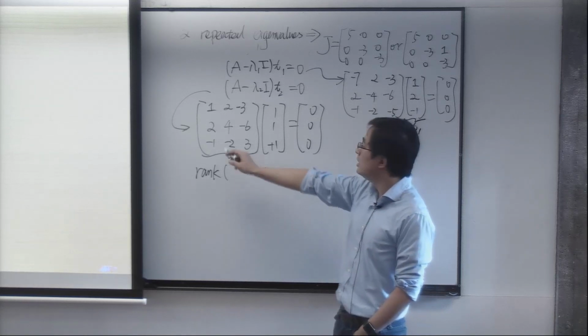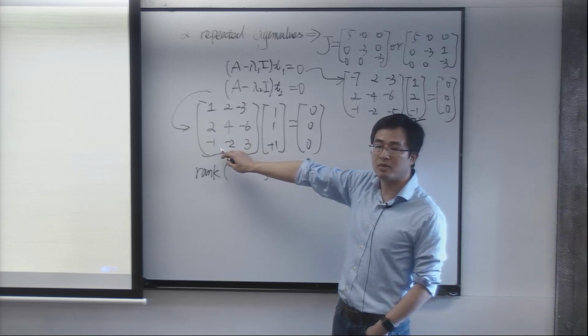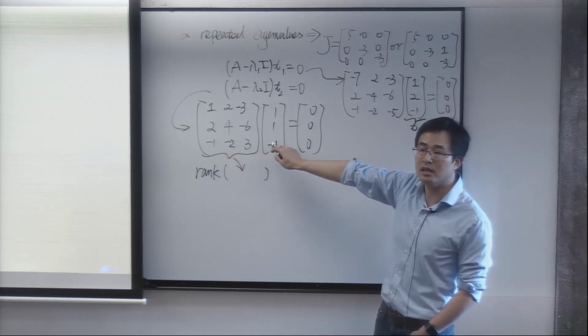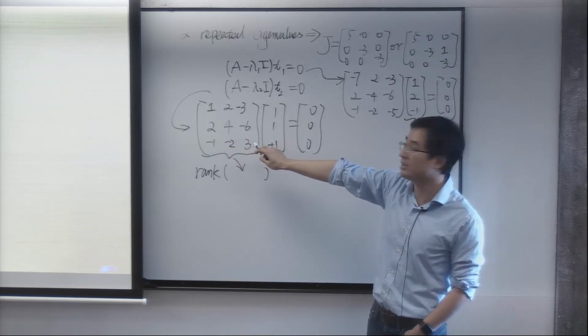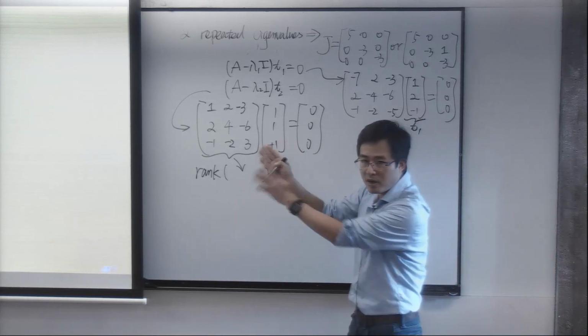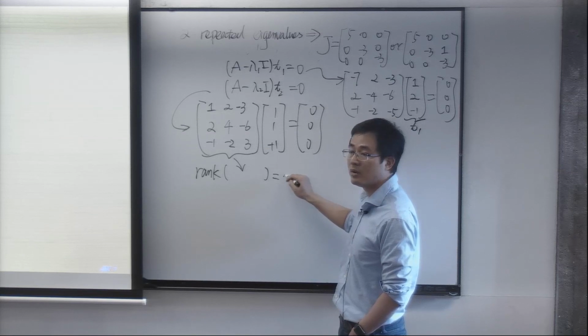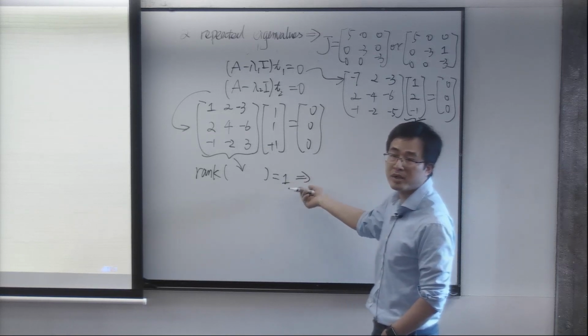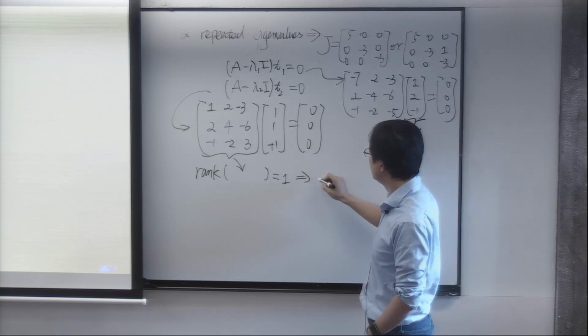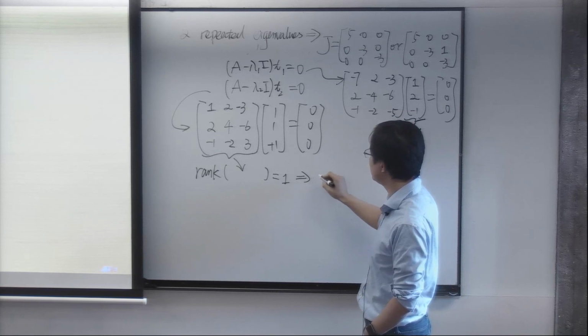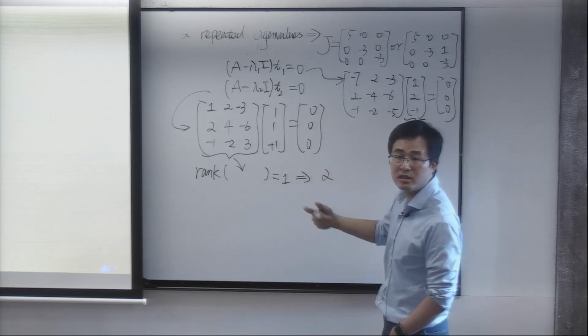You see, the second column is the first column multiplied by 2. And the last column is the first column multiplied by -3. So you only have one really essential vector. So the rank is 1. So the null space has dimension 2. That means you can get 2 linearly independent solutions.